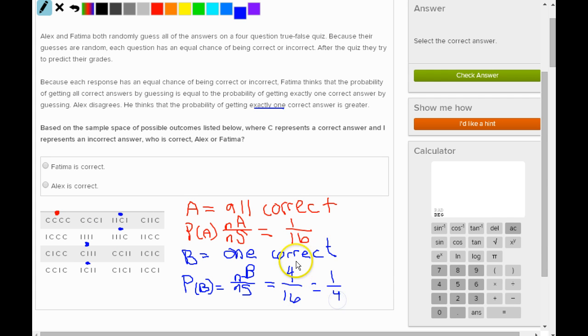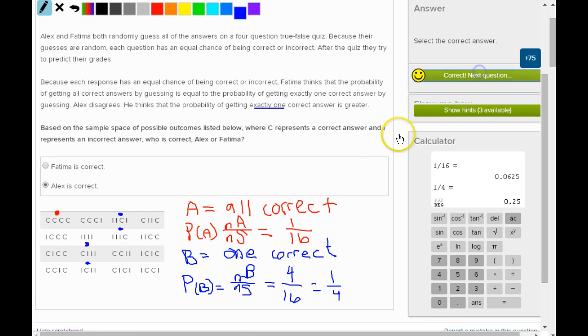So which number is greater, 1 over 16 or 1 over 4? Well, you can do your 1 divided by 16 here, and that number is 0.0625. And you can do 1 divided by 4 here, and which of these numbers is greater? I'd rather have 25 cents than 6 1/4 cents. So it is true that B, Alex, is correct.